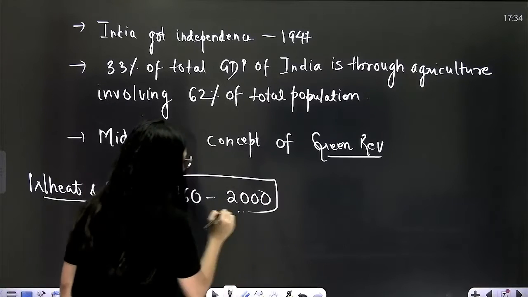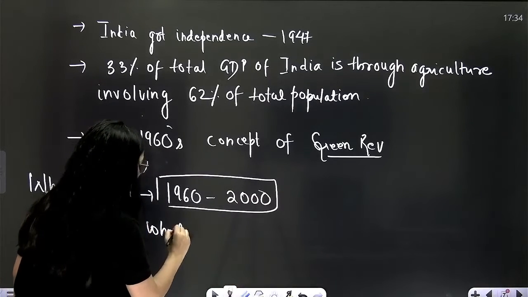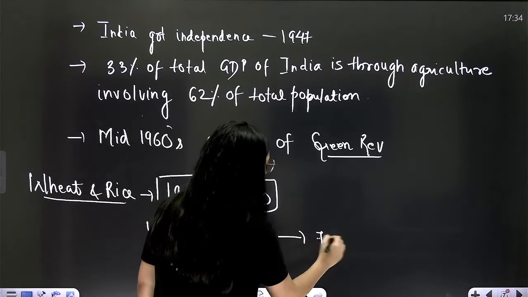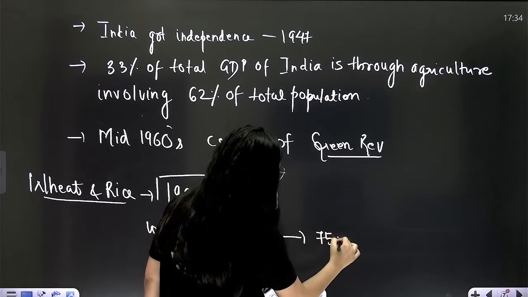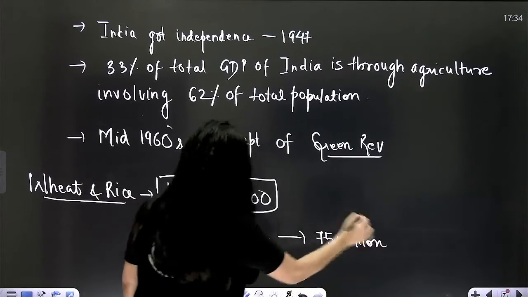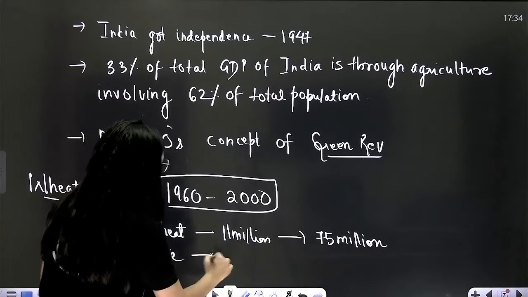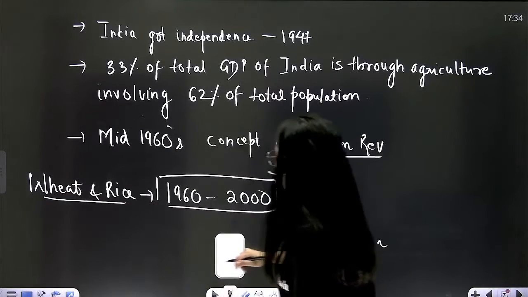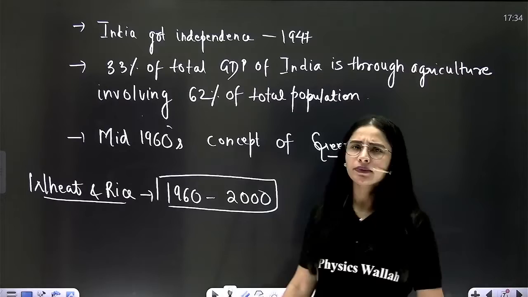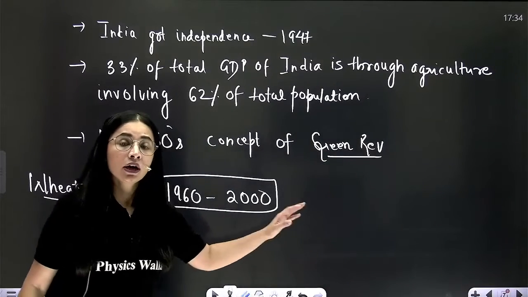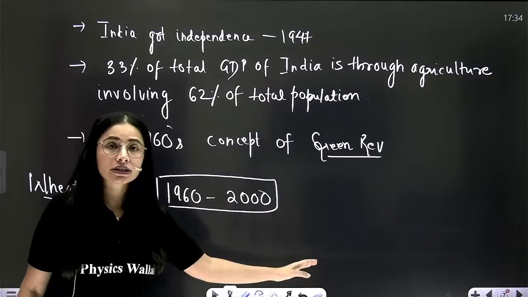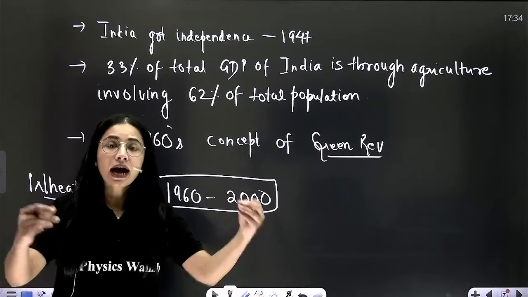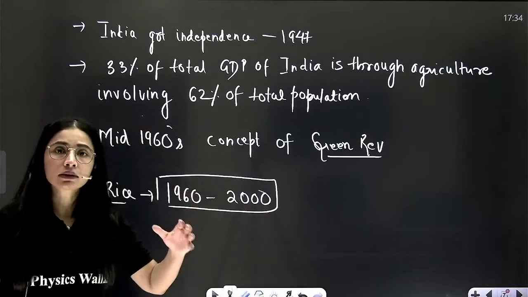In between this time, wheat production increased from 11 million to near about 75 million, I'm not remembering the data right now. And similarly for rice also, production got increased in millions. You can just check it from NCERT. So wheat and rice production from 1960s to 2000 got tremendously increased with the help of semi-dwarf hybrid varieties developed by Norman Borlaug.